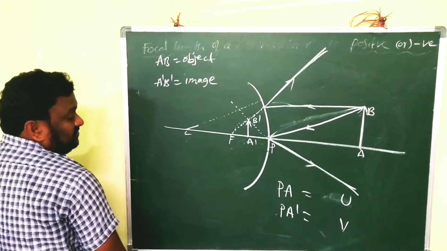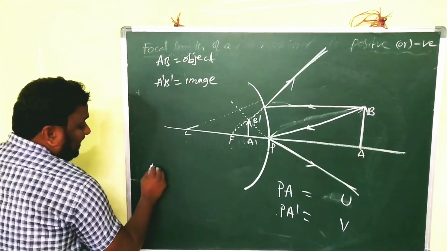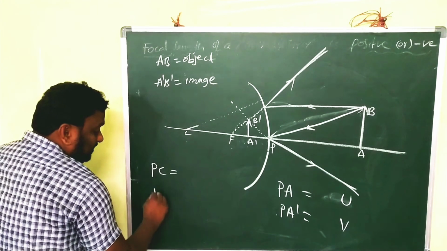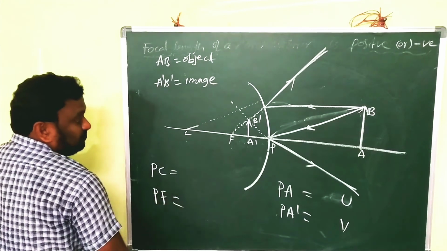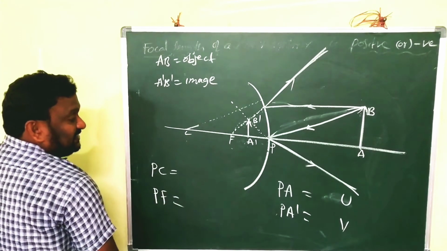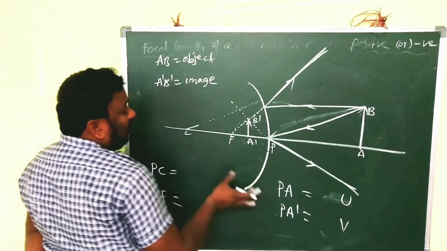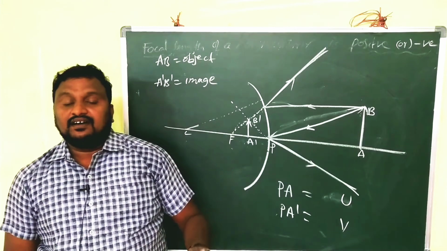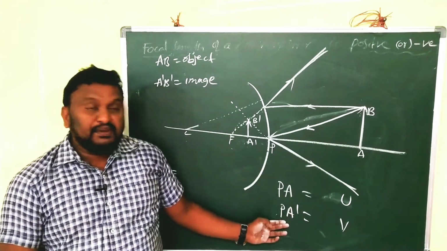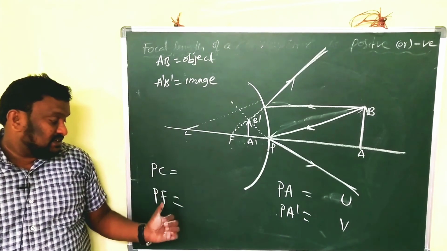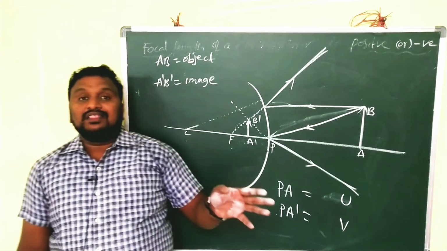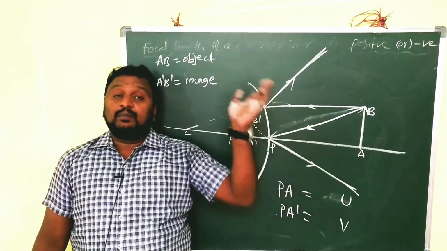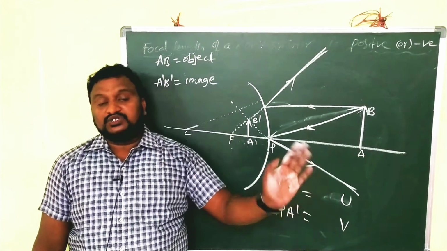Now children, similarly the radius of curvature is PC, and the focal length is PF. In this case you have to observe again the same thing: whether PA, PA dash, PC and PF are in the direction of incident light or in the opposite direction.